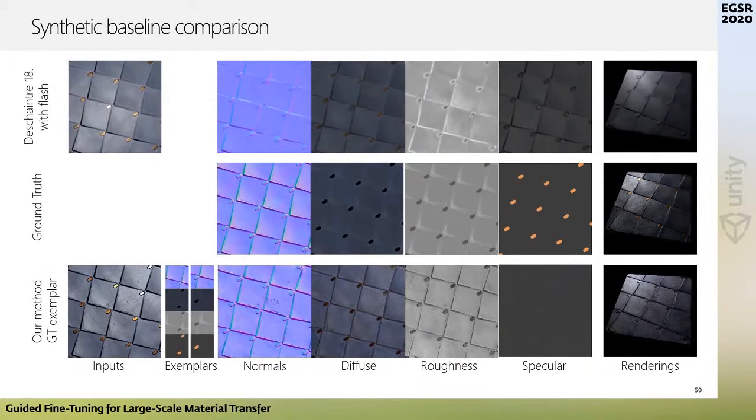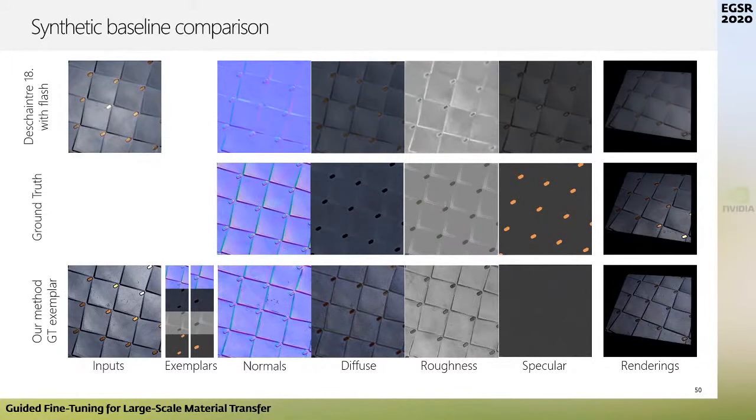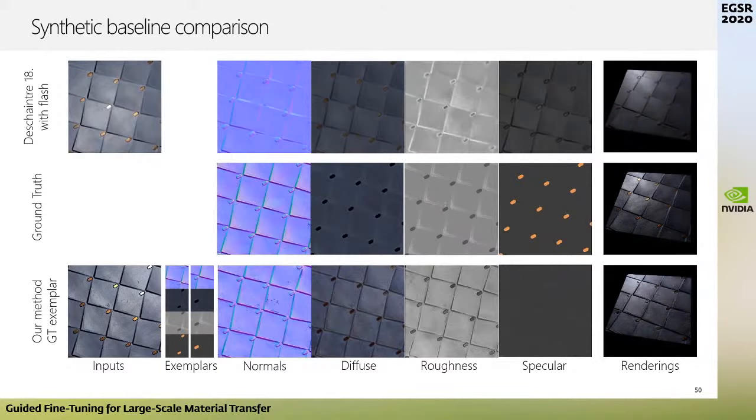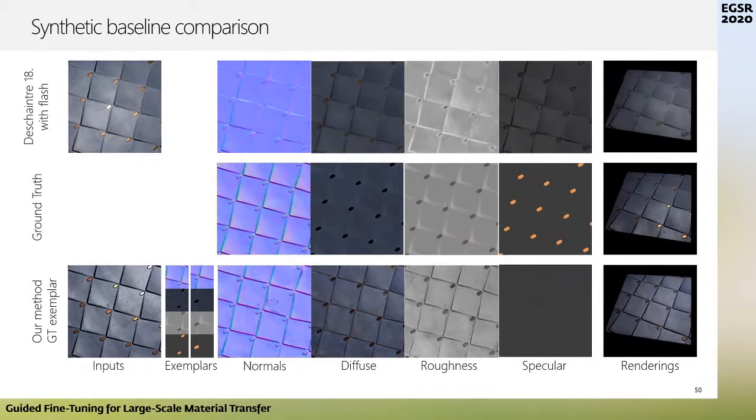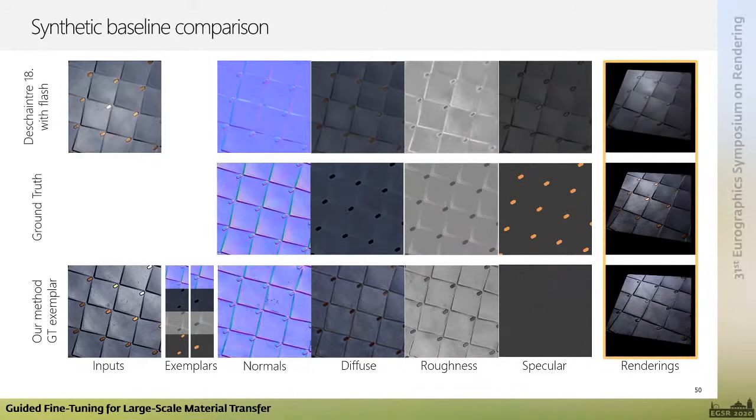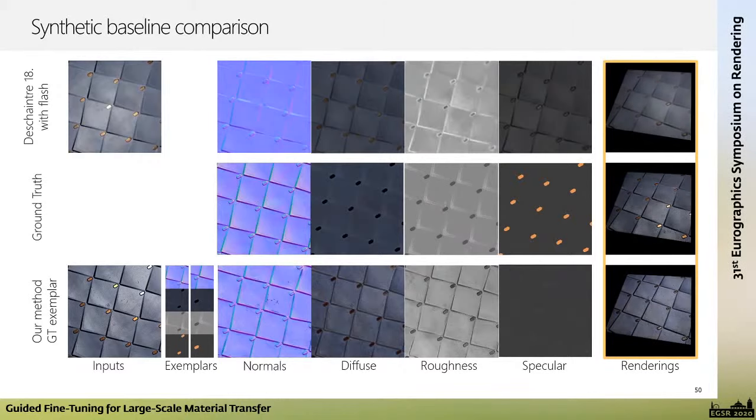We also compare on the same material between our 2018 method with flash this time on the top row, and our method with ground truth exemplar on the bottom row. And we can see that with good exemplar, our method improves significantly. This means that our method benefits from the quality of the provided exemplars.